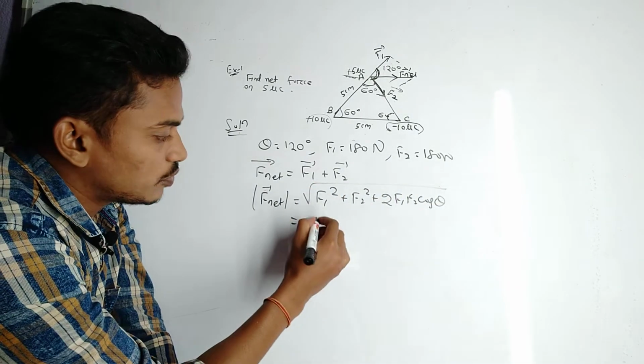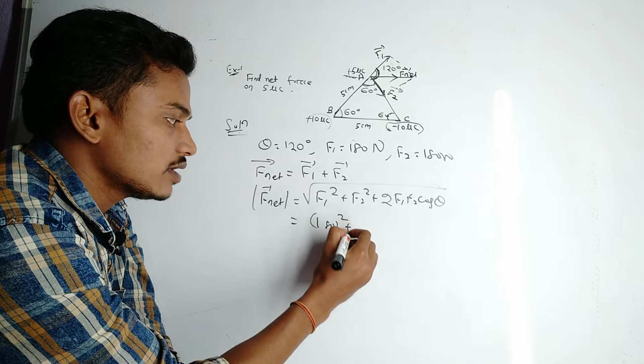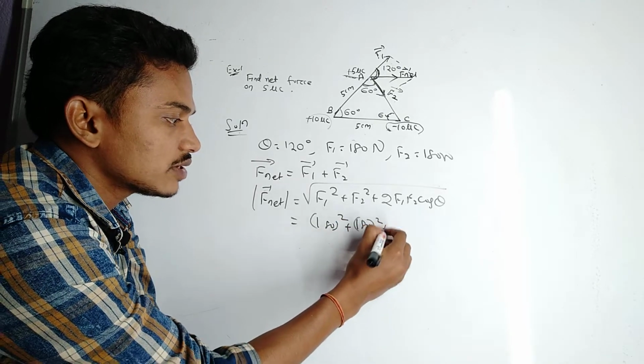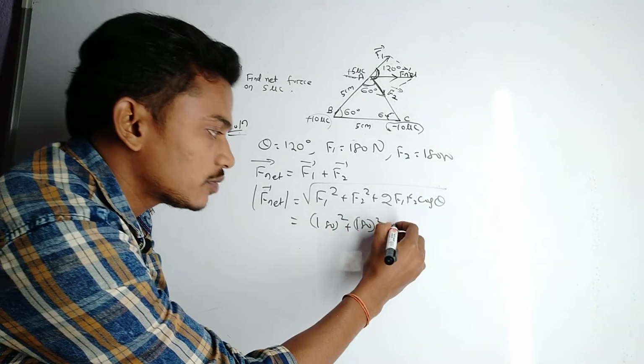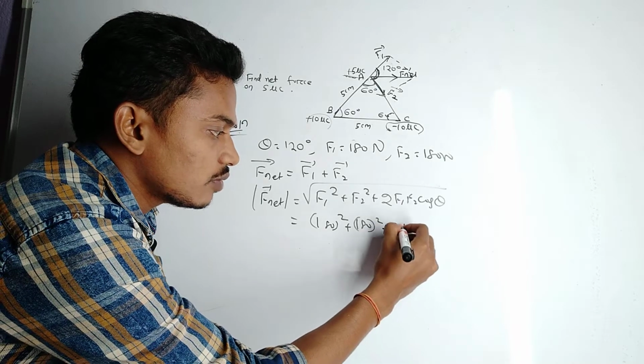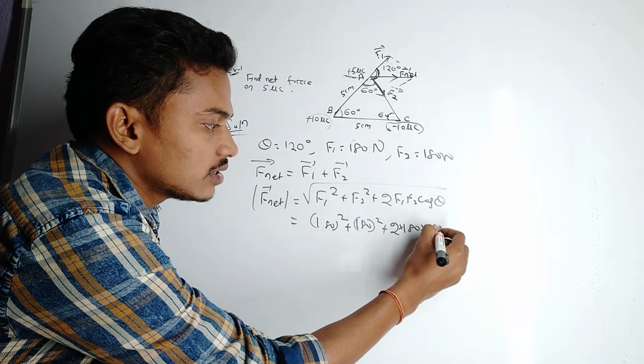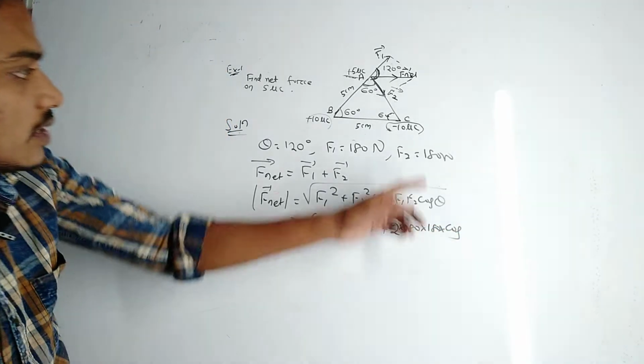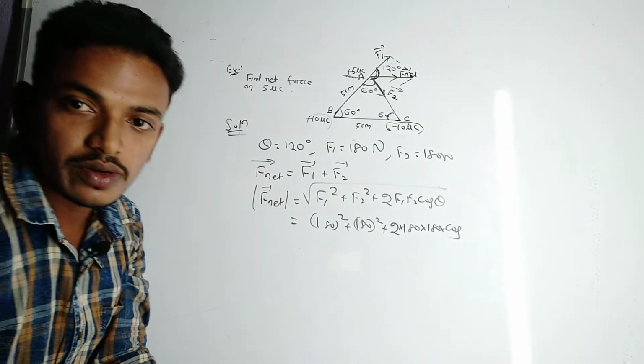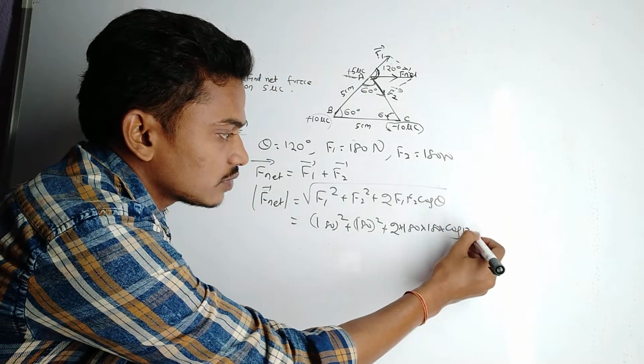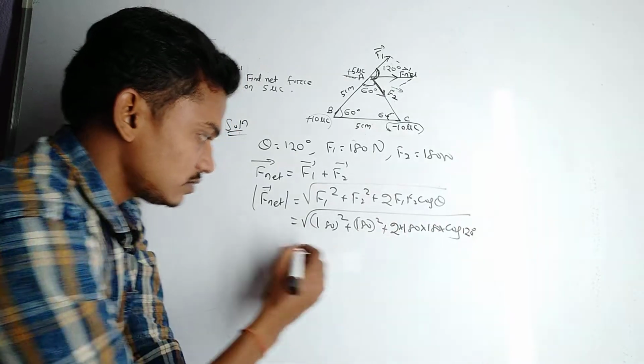So F1 is 180 square, F2 is 180 square, plus 2 F1 F2 means 2 into 180 into 180 into cos theta, where theta is 120 degrees, all under the square root.